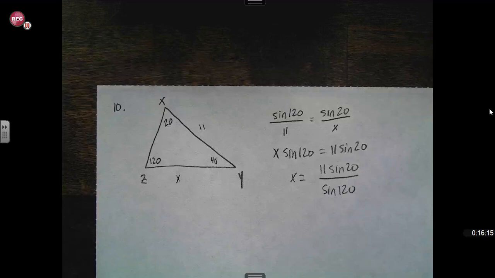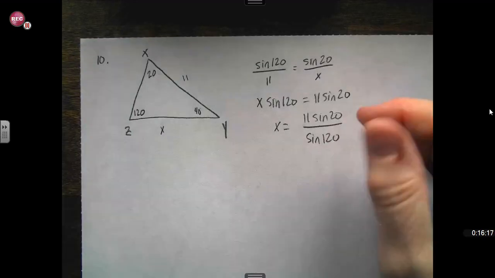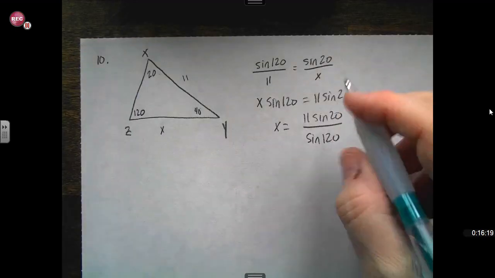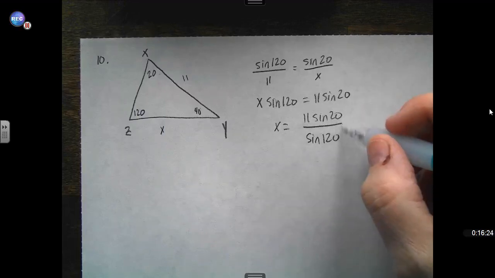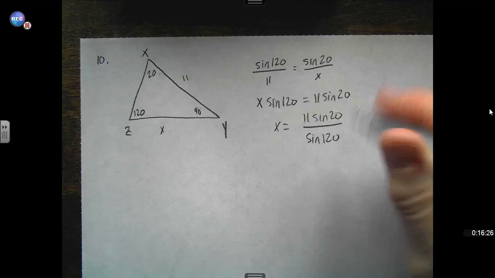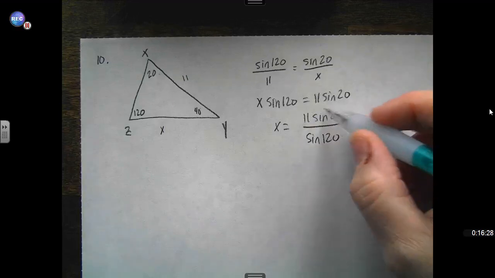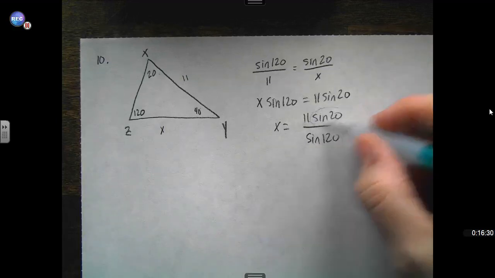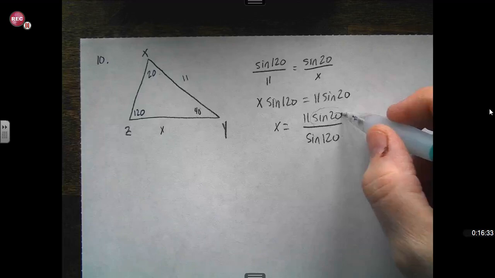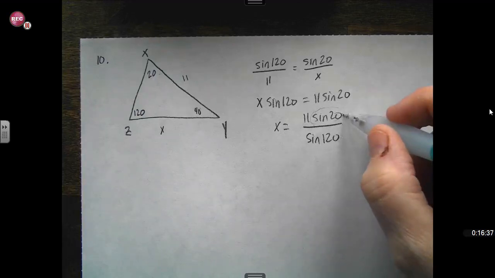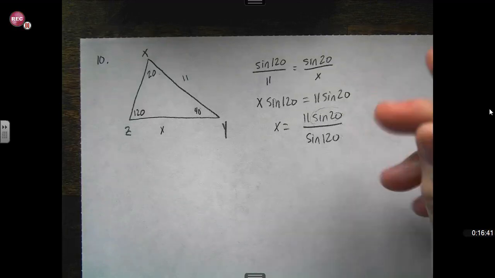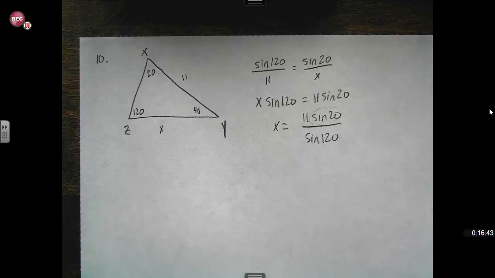And those of you that are thinking, oh, sine 120, we know that angle, we've got to give the exact answer. No, we really don't. I mean, we do know that angle, and we can find the exact sine of 120, but sine of 20 up here, we do not know. And so we're not going to mix an exact answer with an extremely weird, irrational number. We would want the whole answer to be the decimal.